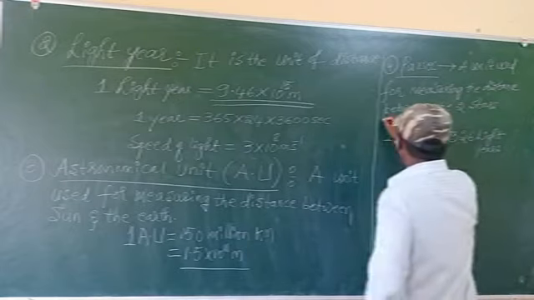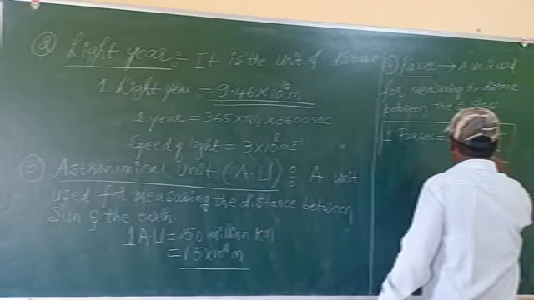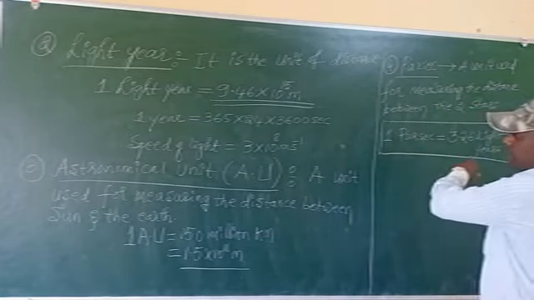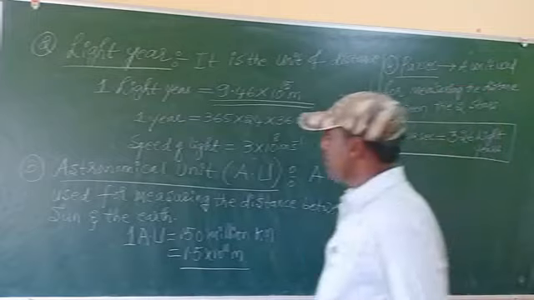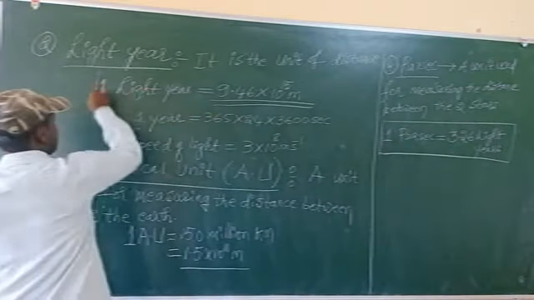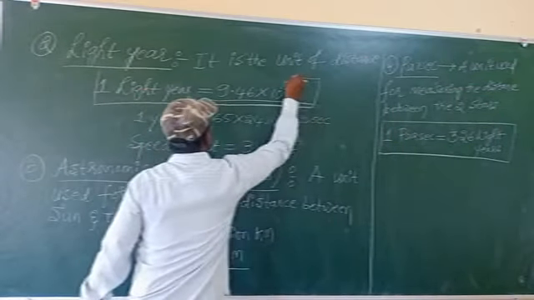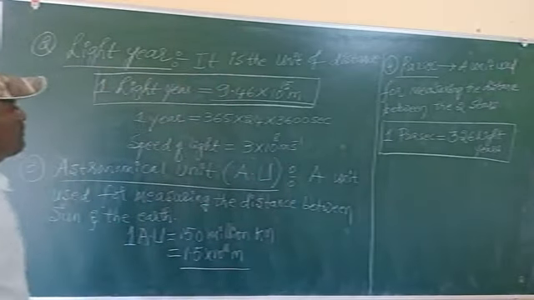What is the value of 1 parsec? 3.26 light years. And light year is this value. What is the value of 1 light year? 9.46 into 10 to the power of 15 meter.